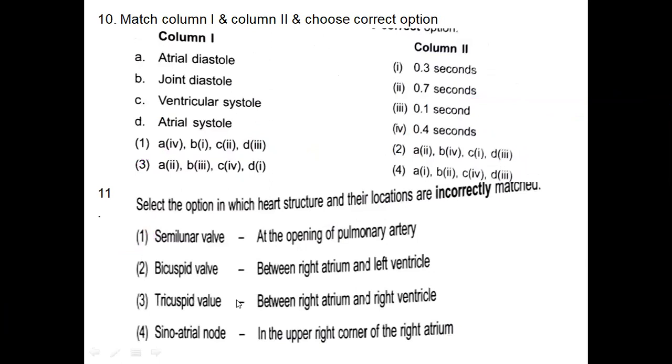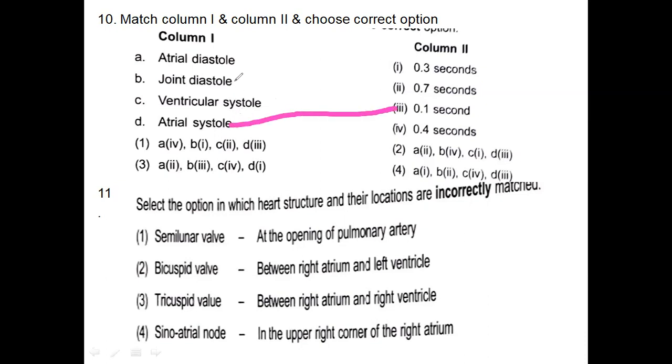Match the column 1 and 2 and label it. Atrial diastole. For how many seconds is the atrial diastole going to take place? So here we discuss. Sorry, atrial systole is for about 0.1 second.